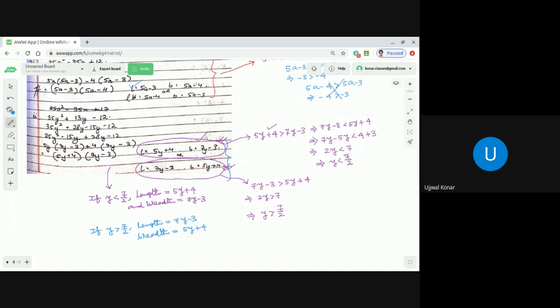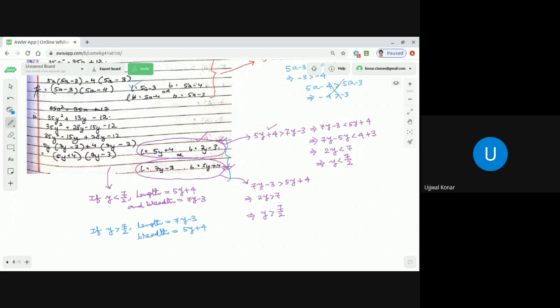As long as mathematics and physics is concerned, especially, do not compromise with your learning. You should think now that why length is 5y plus 4 and breadth 7y minus 3, why length is 7y minus 3 and breadth 5y plus 4. Before writing, you should justify yourself. Forget about your teacher. Teacher will come later. First, you need to think: is it justifiable?